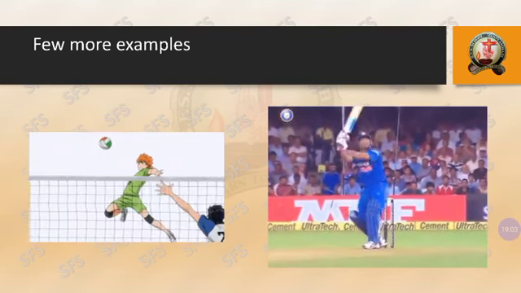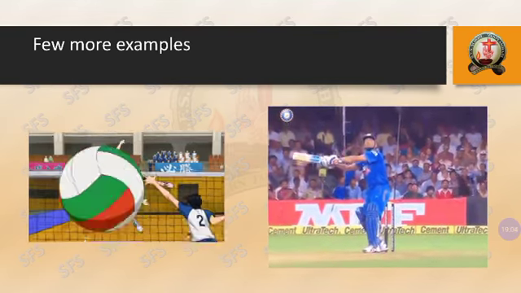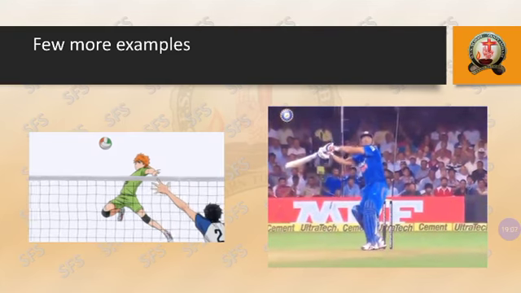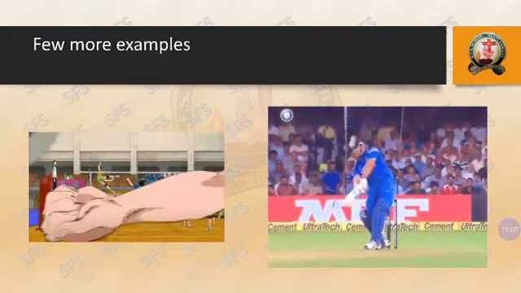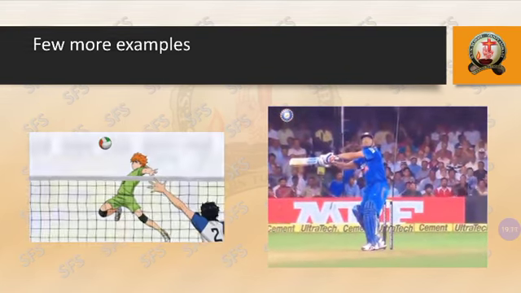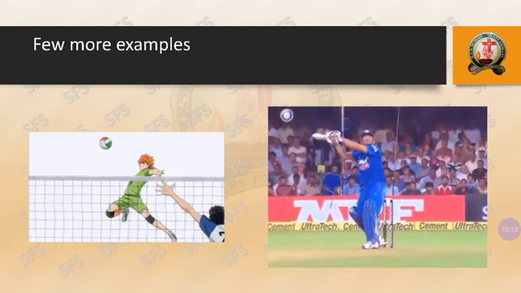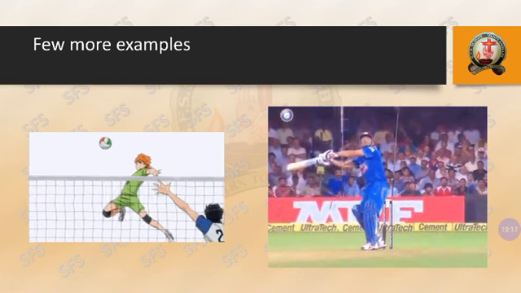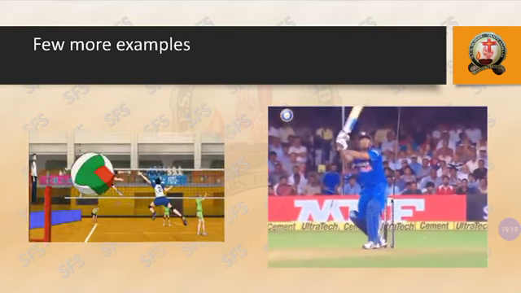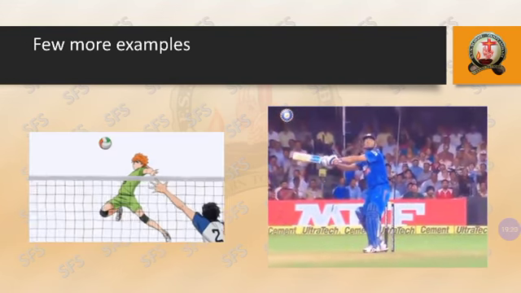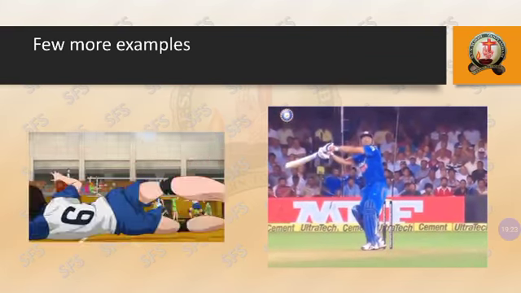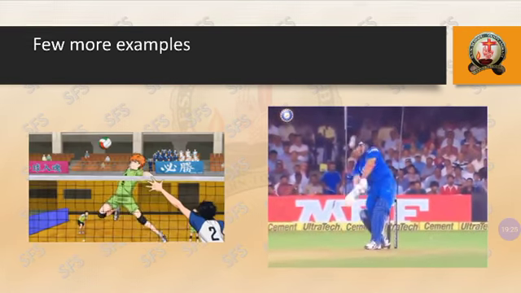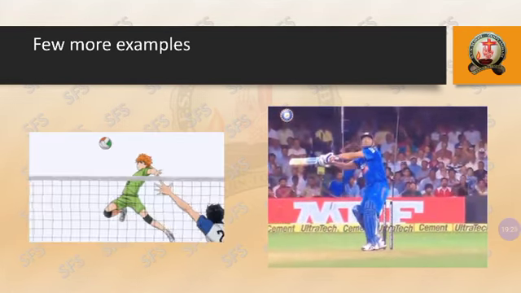He applies greater force, the speed of the ball also increases, and he is able to manage to hit it in any direction. So we can not only change the speed of the object, we can also apply force to change the direction of the object.